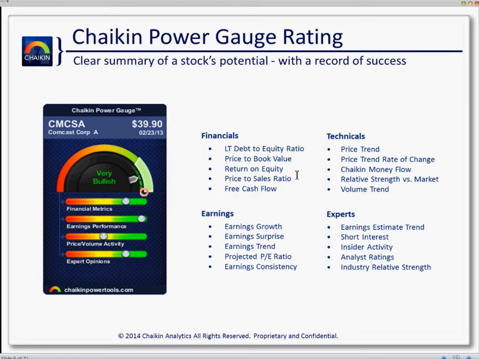I've been on Wall Street for 48 years, work with institutional investors with my Chaikin money flow and relative strength. Basically, taught them how to use technical analysis in combination with a fundamentally driven bias that they all had, whether they were value investors, growth investors, momentum investors.